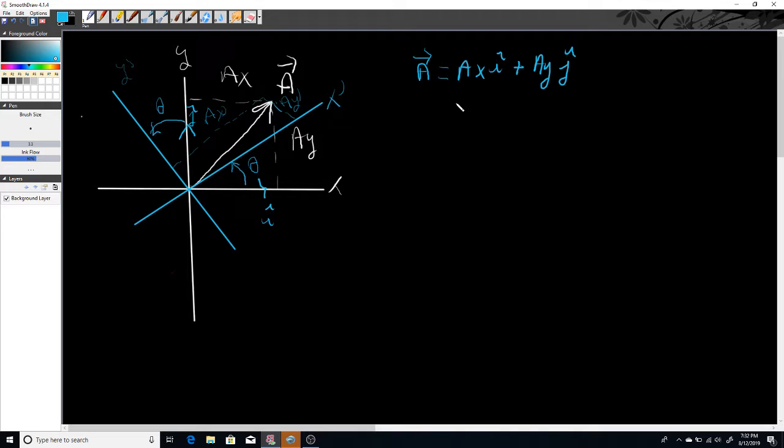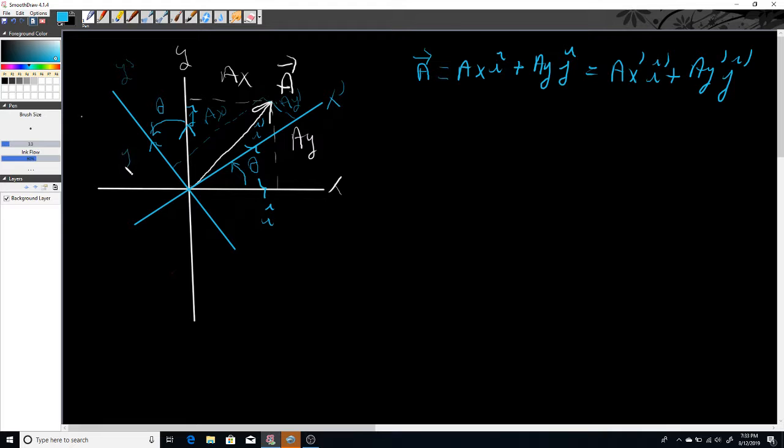But we can also represent it as a of x prime times i prime, because now in this new coordinate system we have a unit vector along the x prime coordinate, which we'll call i prime, plus a of y prime times j prime, because now we have this j prime along here.